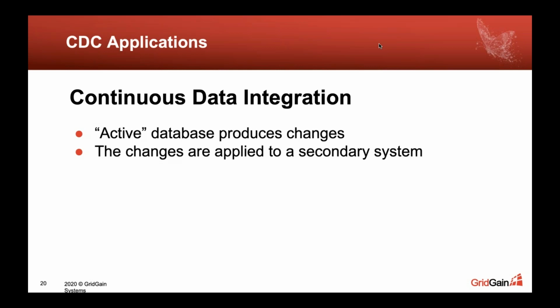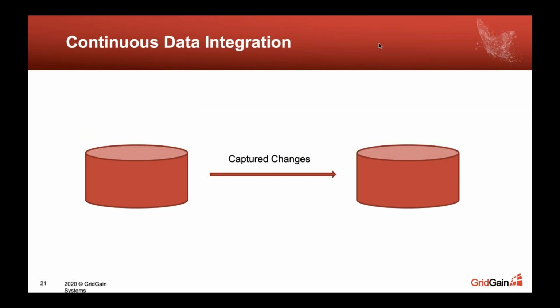The way both of the systems produce or consume events actually doesn't matter here. So those systems can be of different types. You can do change data capture, for example, from Oracle to Ignite, or from Ignite to some archival storage like something based on HDFS, etc. So schematically, we have an active system, we have captured changes, and we have a passive system.